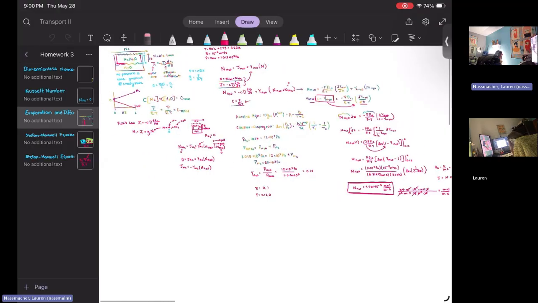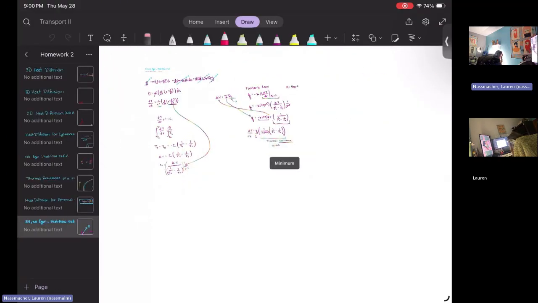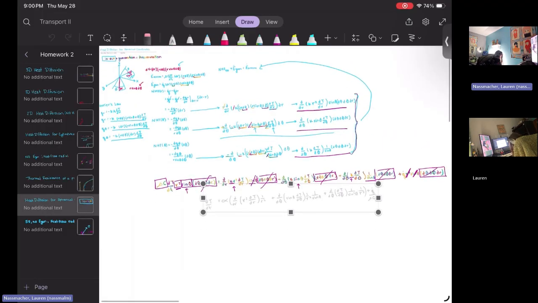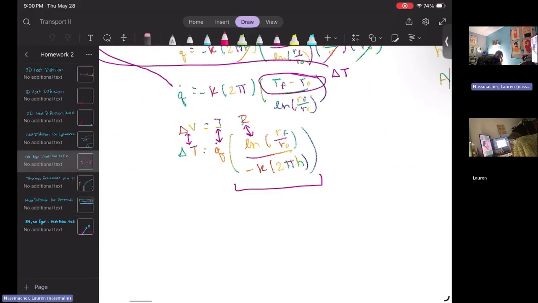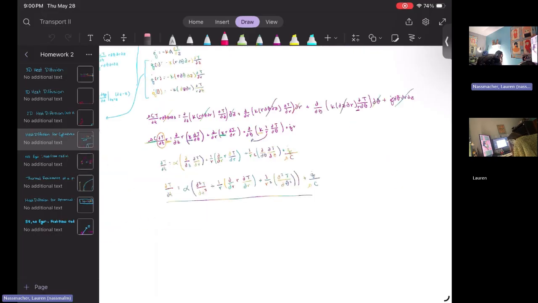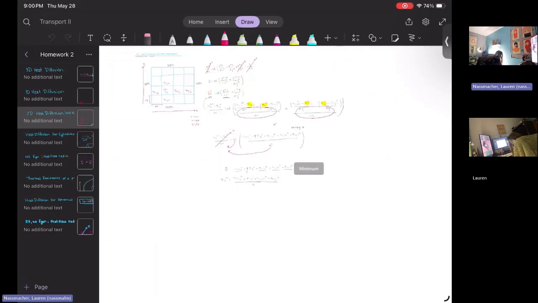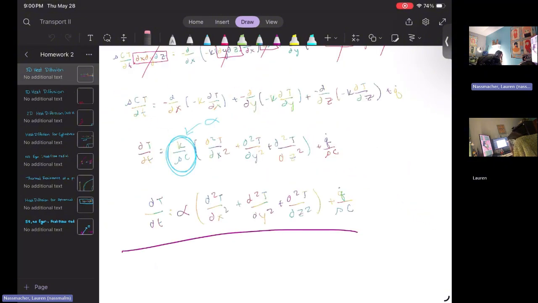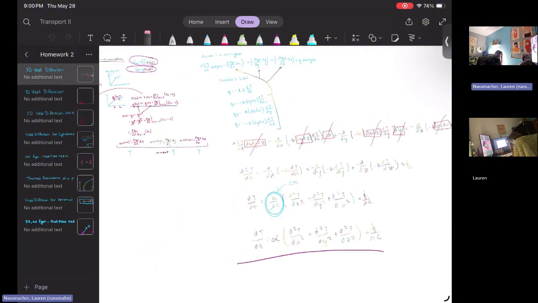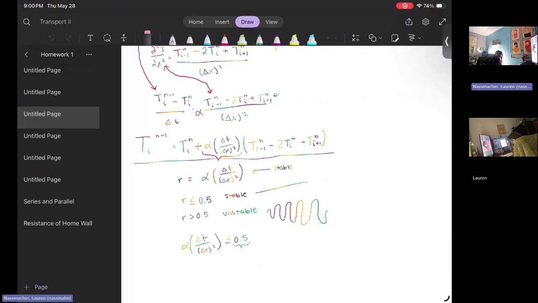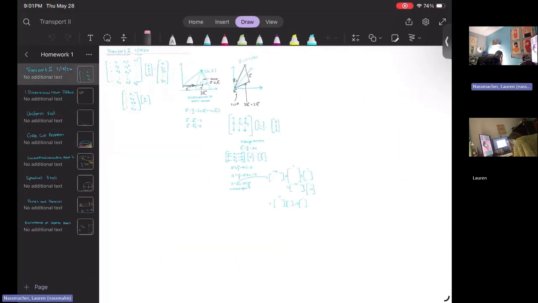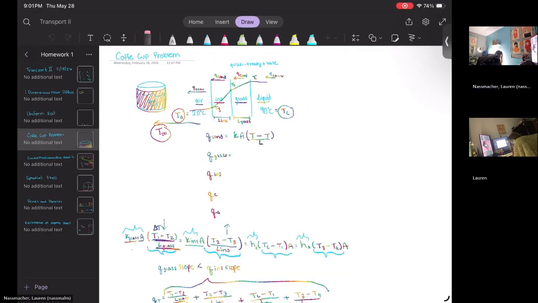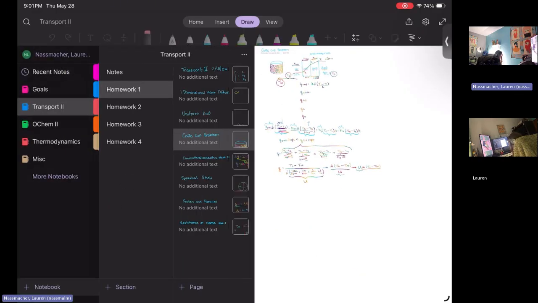But not really. It's like a decent amount of work. This seems annoying to write out. I don't even know what I was doing there. Oh, this is pretty bad. Maybe I just locked in and got better. What even is that? Whoa, that's interesting. Look at the first homework. Wow. We were really artsy.